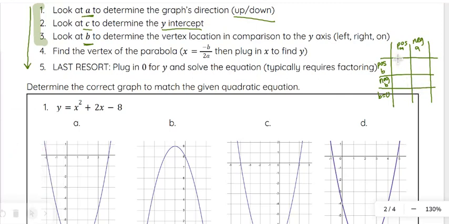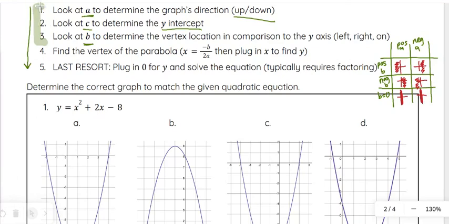With this, if we have a positive A and a positive B, the vertex is on the left side. Negative A, positive B, the vertex is on the right side. And then for positive A, negative B, it flips over to the right side. And then negative and negative flips over to the left side. And then remember, if B is 0, it's actually going to be on the y-axis in both of these examples.